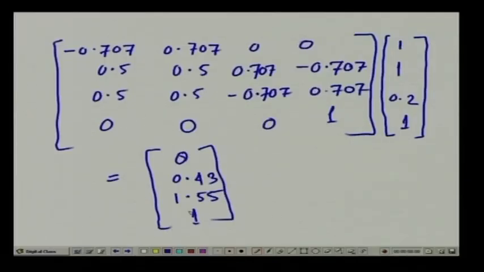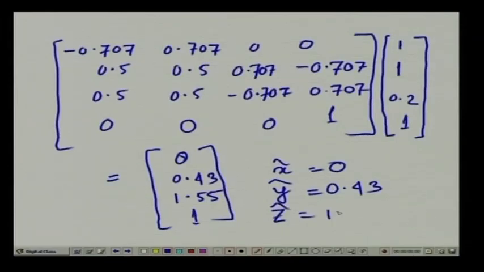So, the corresponding Cartesian coordinates will be given by x hat equal to 0, y hat equal to 0.43 and z hat is equal to 1.55. So, these are the coordinates for the same 3D point as seen by the camera.